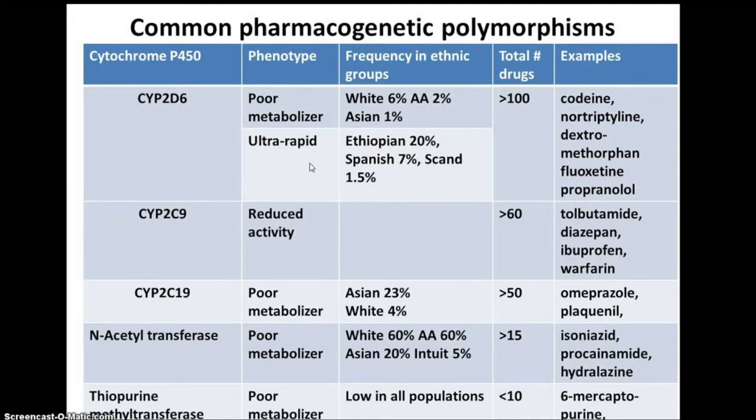So you can see how the polymorphism provides the speed of destroying substances in our body.